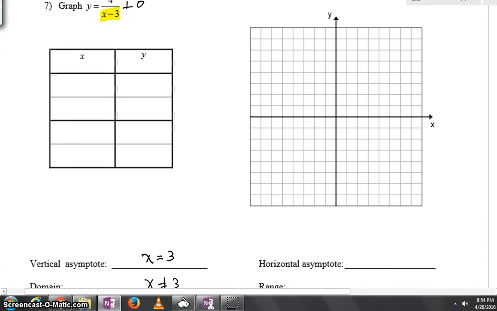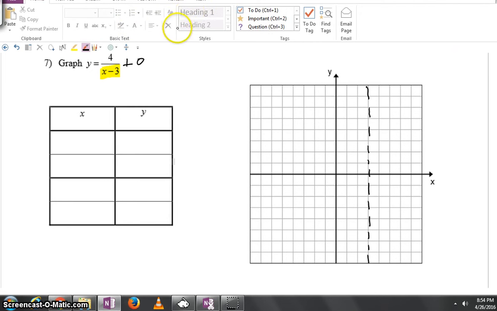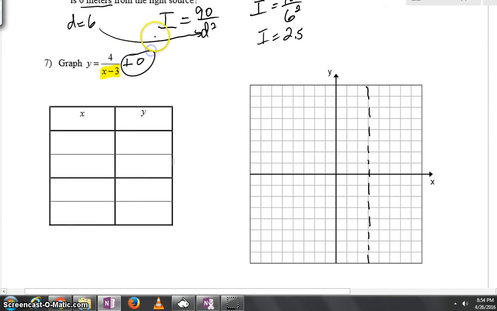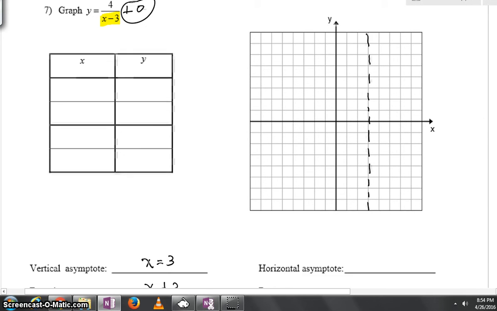Now we can, at this point, go over to x is equal to 3 and draw in a vertical dashed line. At some point you're going to have to do that. You might as well do that right now. That's a very important part of the graph, and it is required. Well, we also have a +0 here. And with that +0, that's going to be associated with your horizontal asymptote.